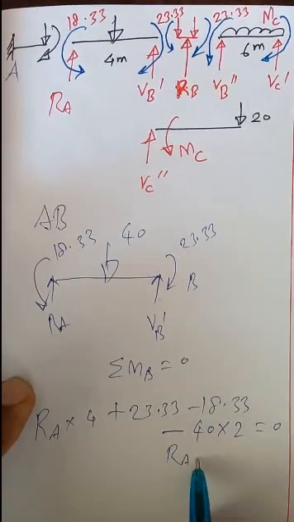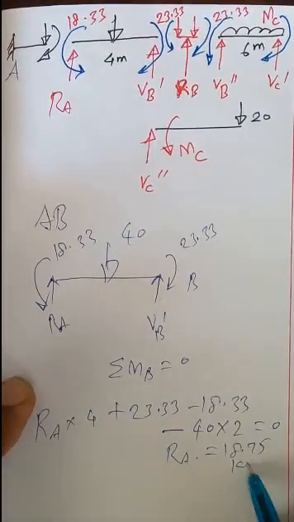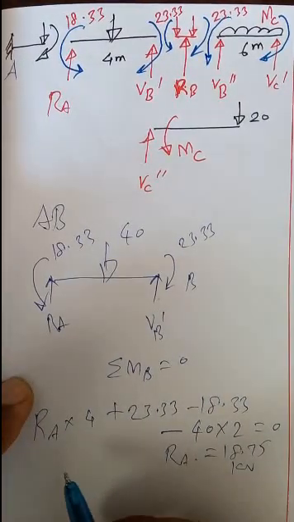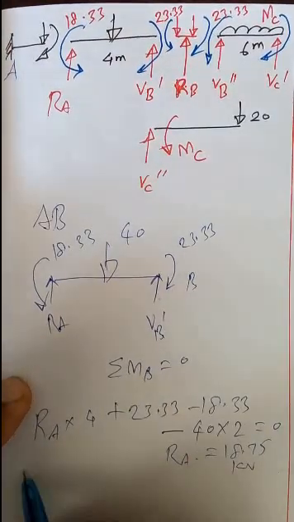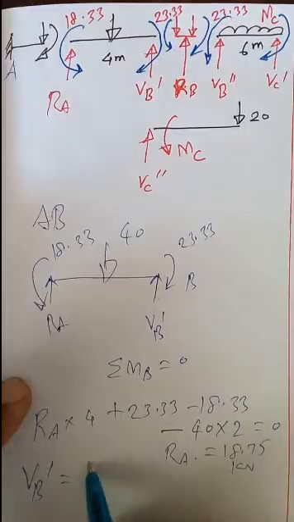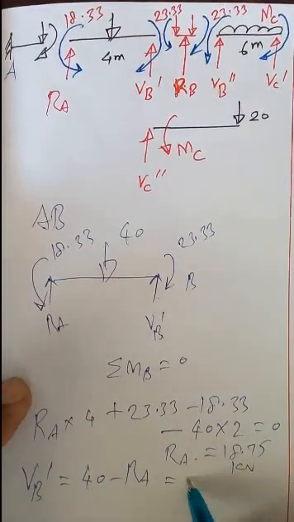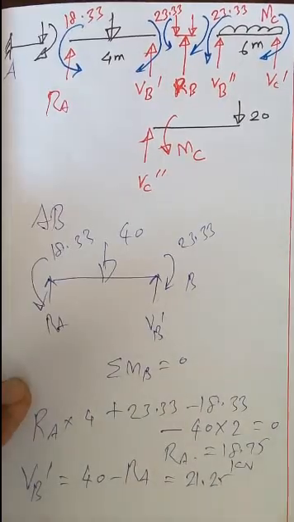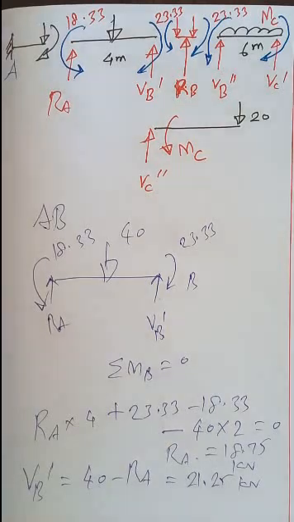This gives us RA equal to 18.75 kilonewton. Now once you know RA, you can evaluate this VB dash. So VB dash obviously equal to 40 minus RA, that is equal to 21.25 kilonewton. So this is how we evaluate.